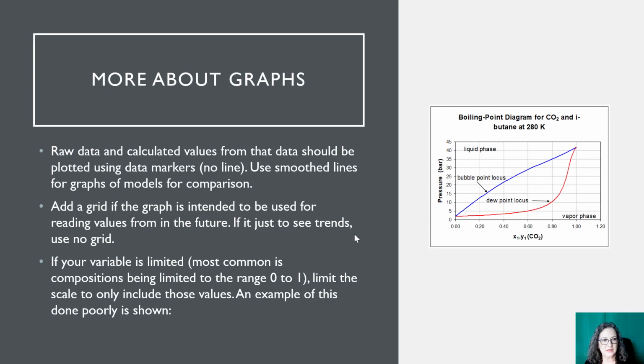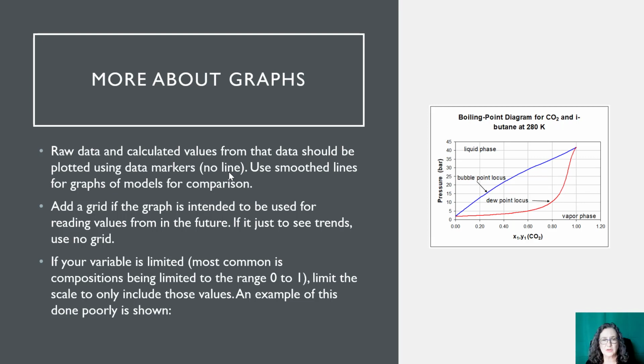A few other things. Generally, when you are doing this, for your raw data or calculated values, usually we use markers on those and no lines. And then we'll use a smooth line to show our model on top of that. Don't use connect the dots.